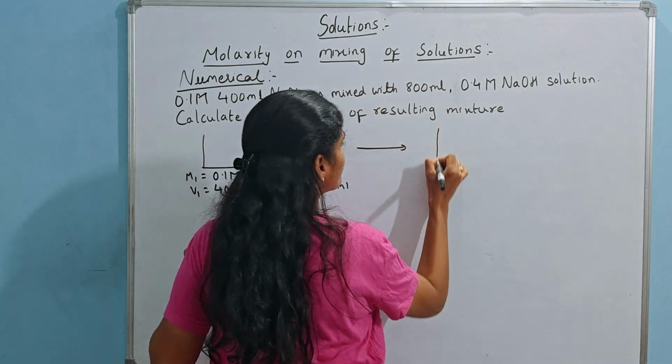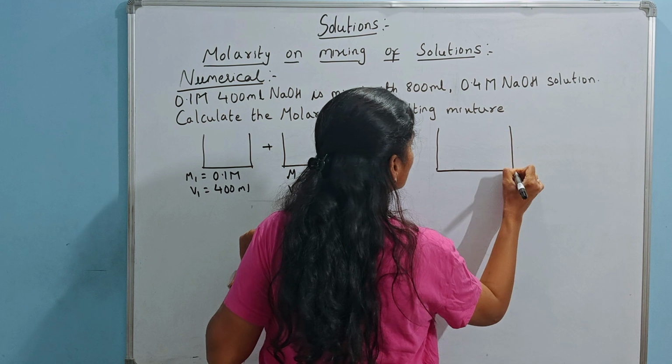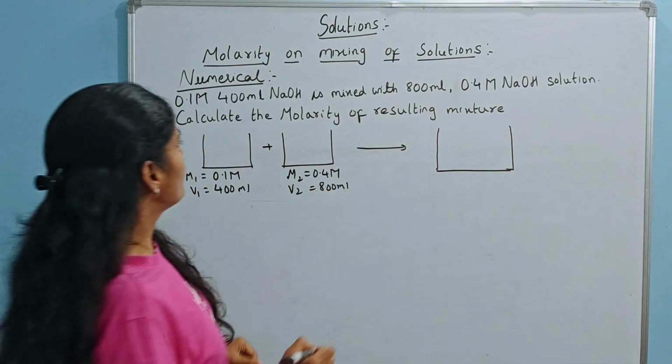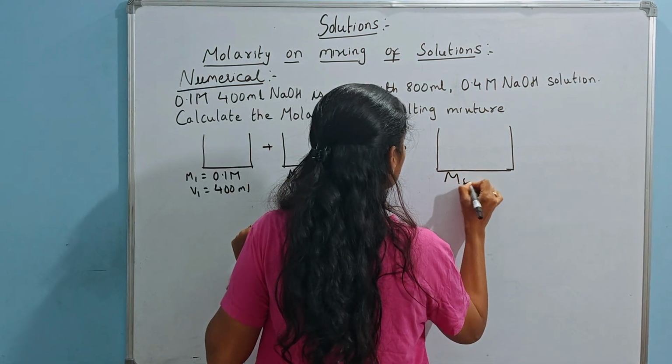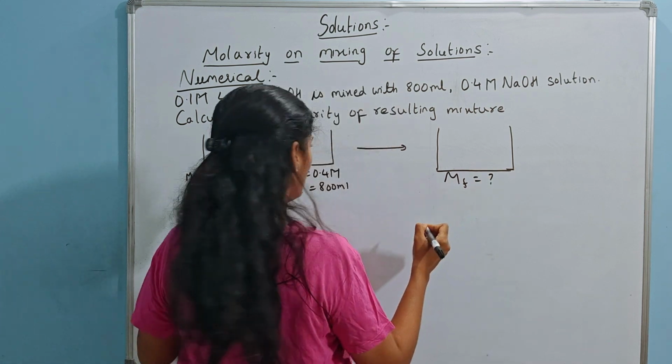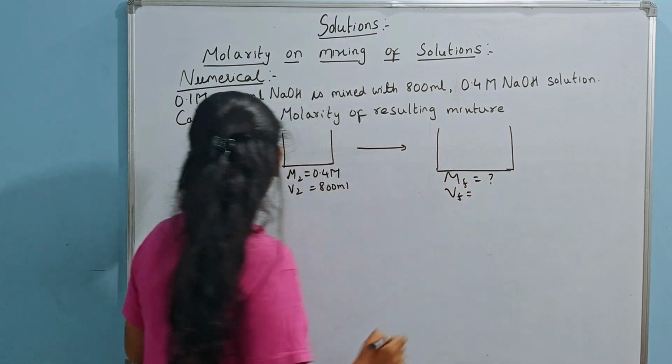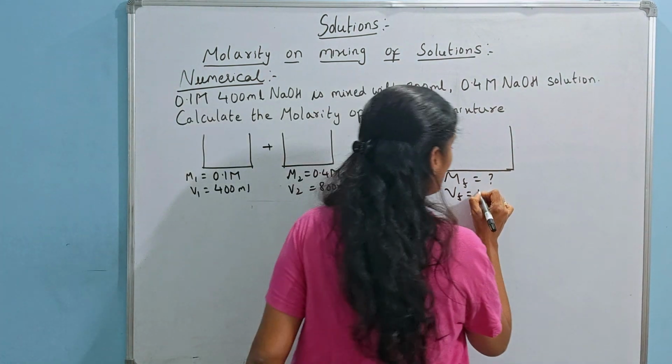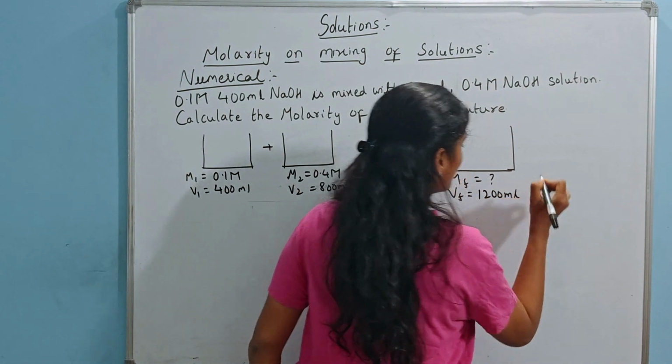When I add both of them, I will get a resultant solution. Now we need to find the molarity of the resultant solution. Volume we can directly add: final volume is 400 plus 800 ml, so it will be equal to 1200 ml.